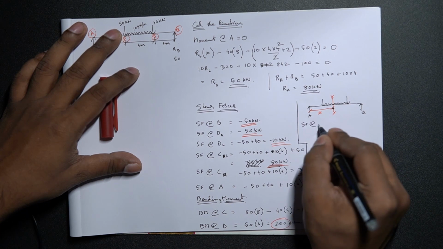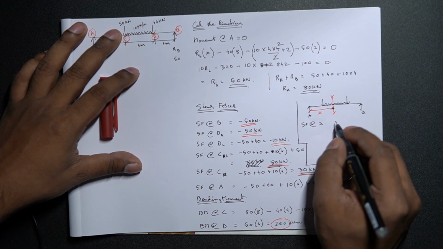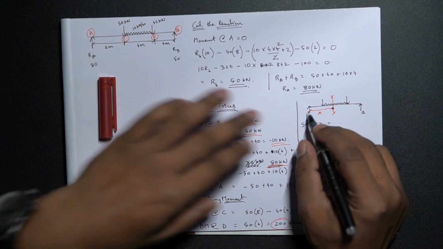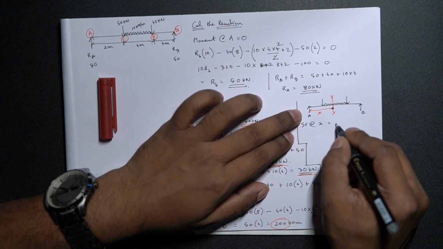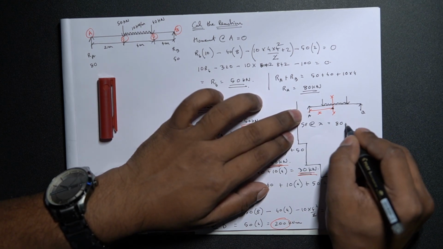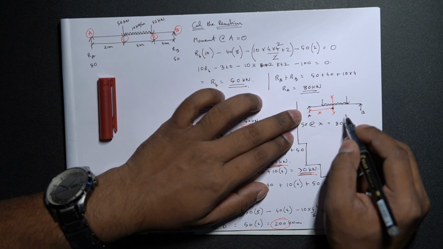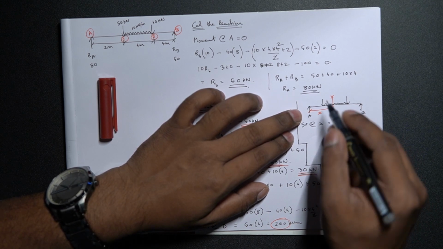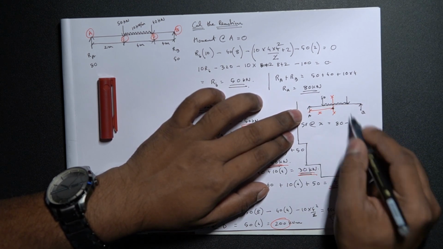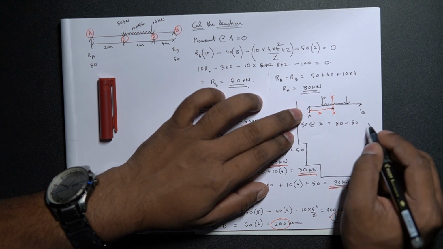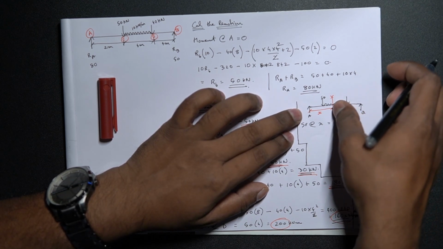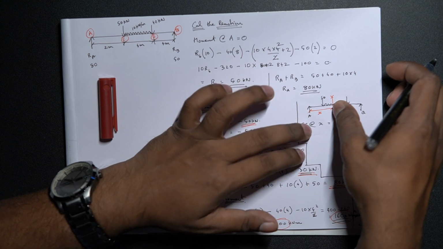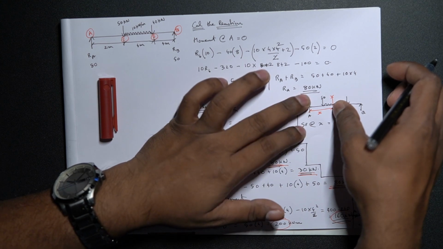Shear force at a distance of X should be equal to, we have RA is 80, minus, we have 50 kilonewtons that is acting from top, this is 50 kilonewtons. So we're trying to calculate the shear force over here. On the left hand side it is going upwards, so it's positive.